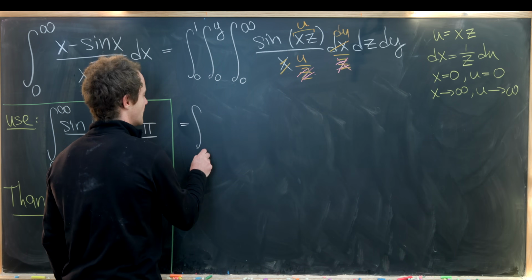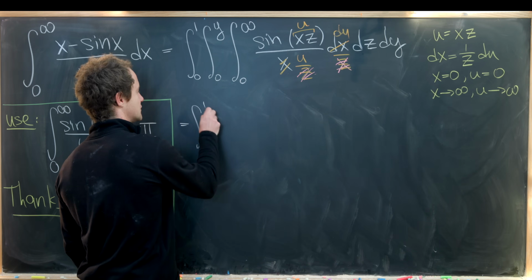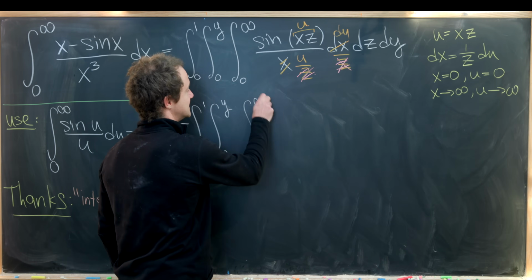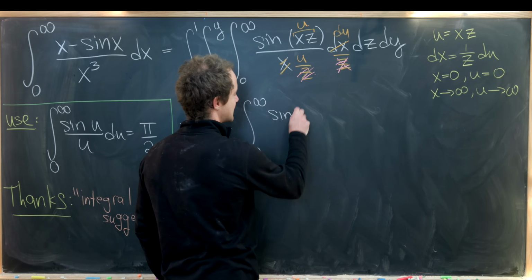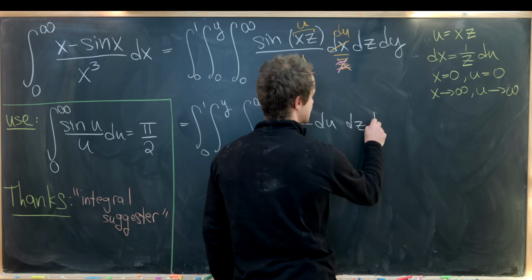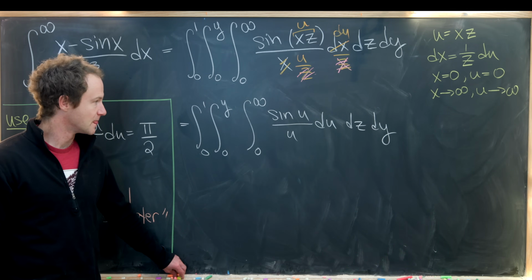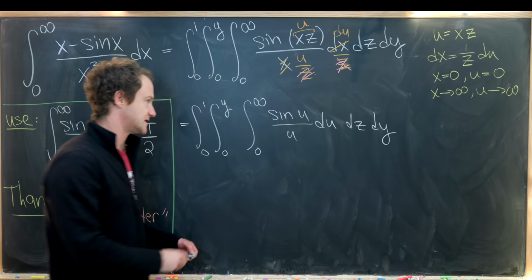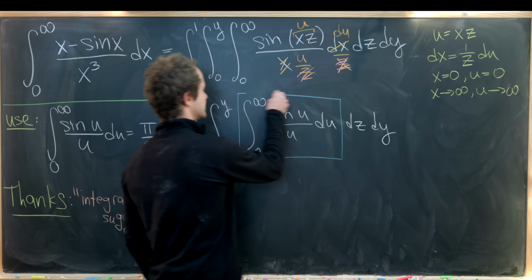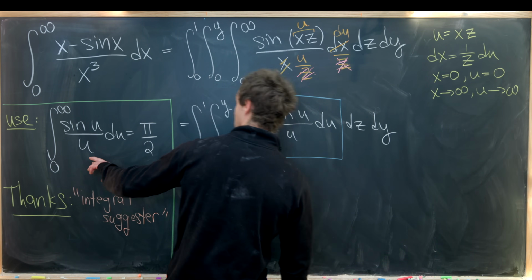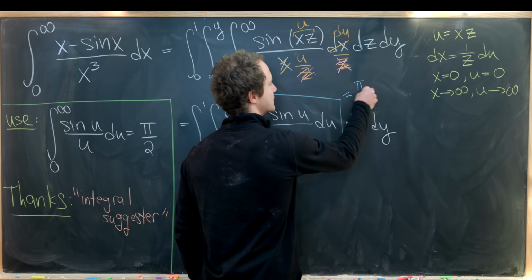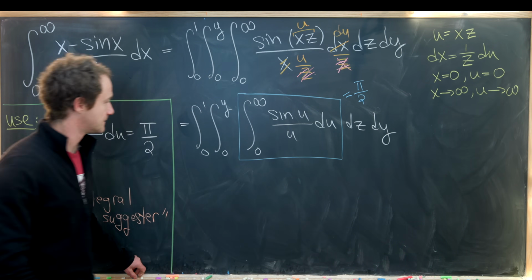So just to reiterate, we have the integral from 0 to 1, the integral from 0 to y, and then the integral from 0 up to infinity of sine of u over u, du, dz, dy. Okay. But let's notice this innermost integral doesn't have anything to do with the outer integrals. And furthermore, it's exactly the form of this tool that we said that we would use. So we can replace this with pi over 2.